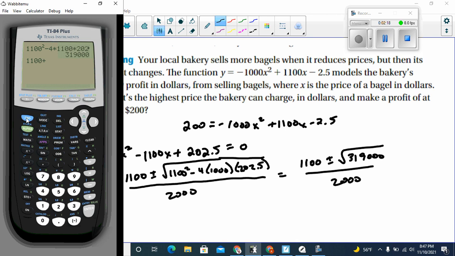So I have 1100 plus the square root of that divided by 2,000. So 83.2 cents.